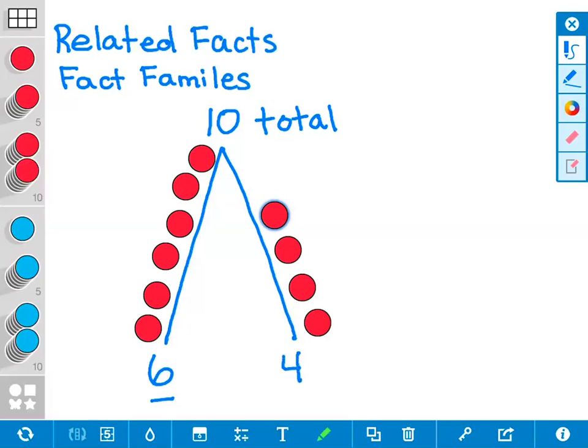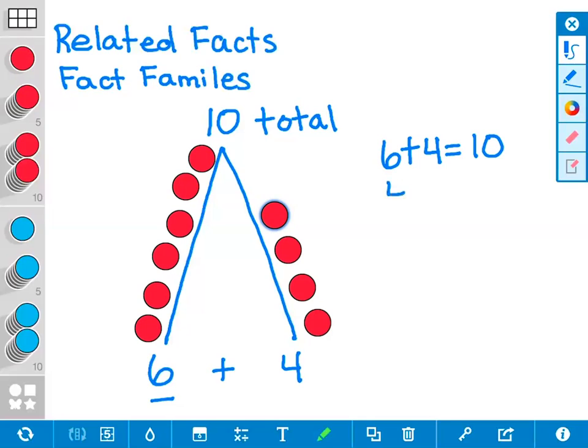And that is something we learned how to do. And we learned when we worked with our mountains that 6 plus 4 equals the total at the top of the mountain. Now something else we've already learned is switch partners.